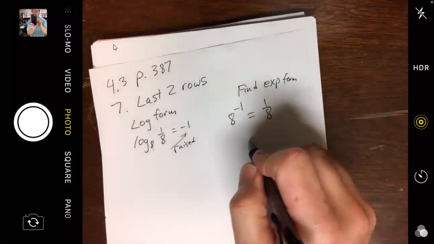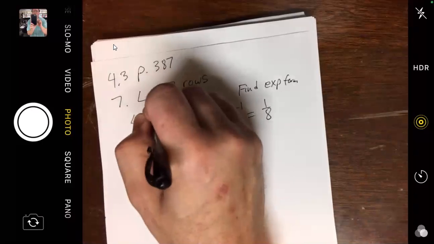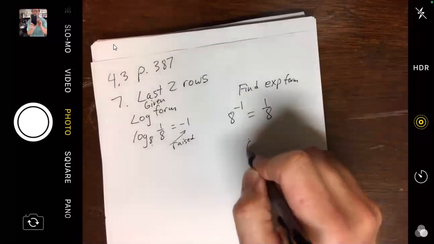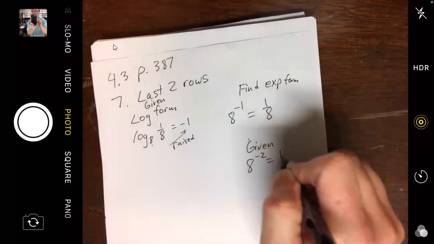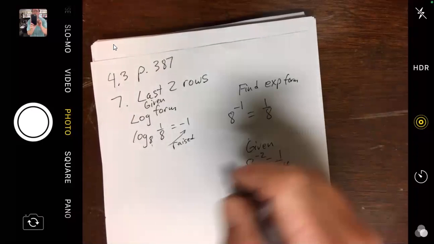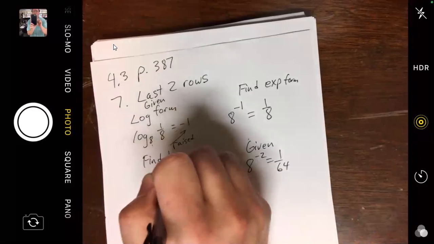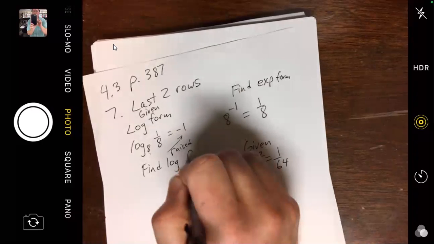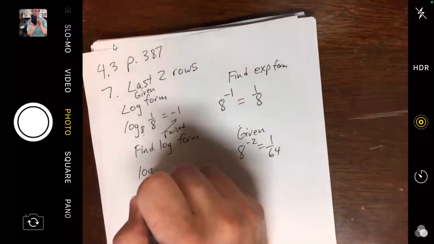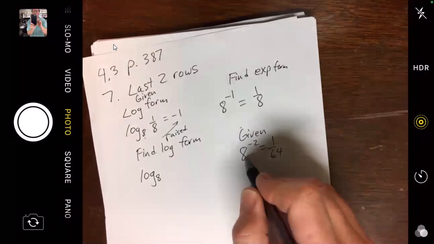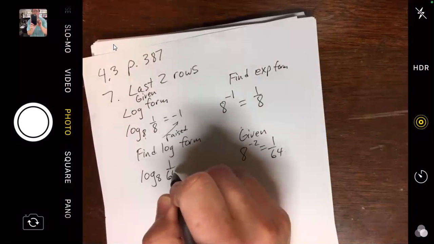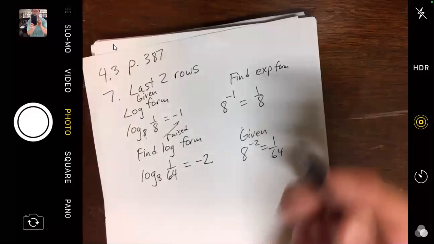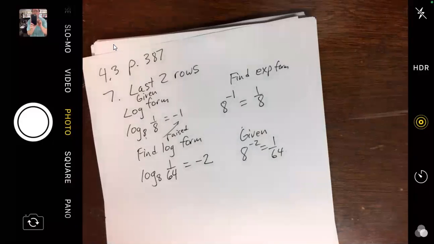And finally, this is what was given. If you're given 8 to the -2 equals 1 over 64, they want you to find log form. You'd wind up taking log to a base 8, that's the base, of the 1 over 64 equals -2.